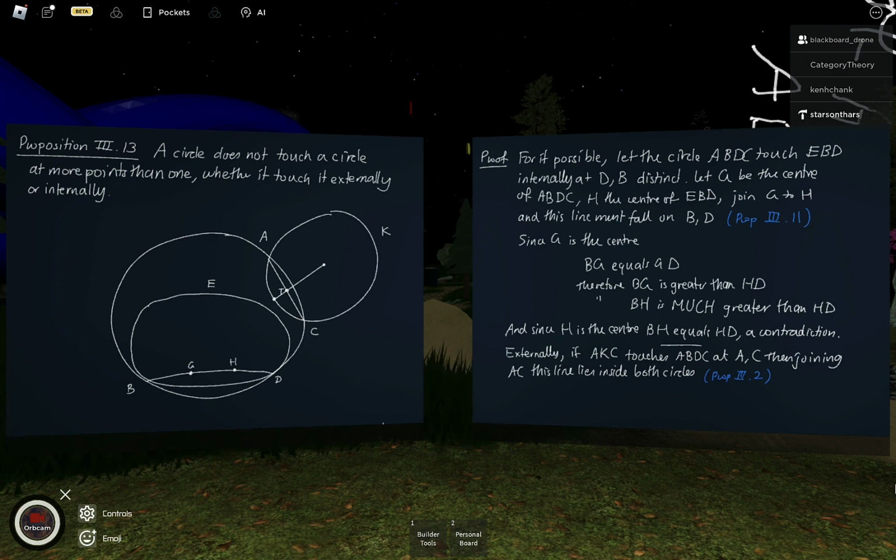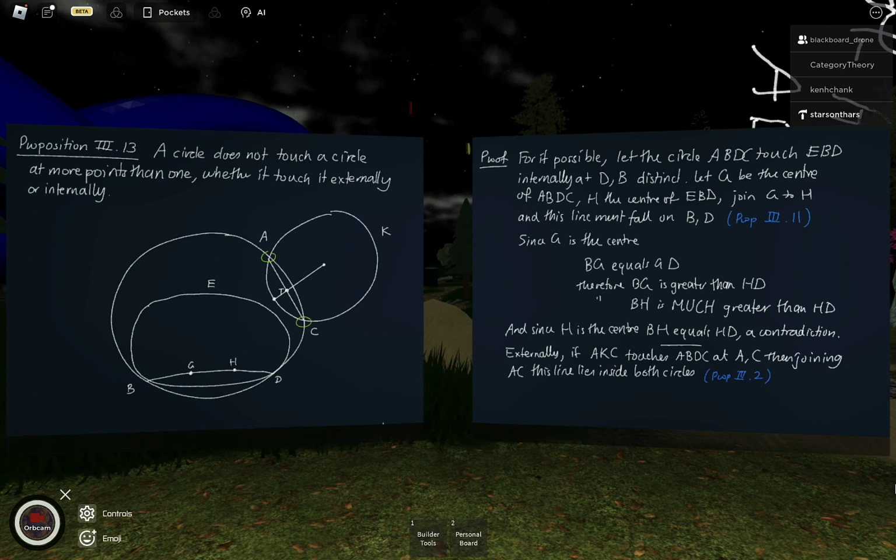And the idea is that if the line AC is internal to ABD, or maybe just the bisection point is sufficient. Yeah, maybe that's sufficient. T is definitely a point inside the intersection of both circles, right? Which seems like it must contradict touching, but touching and cutting seem like local conditions at A and C. And so it's not clear from the definition that just having T internal is a contradiction there.